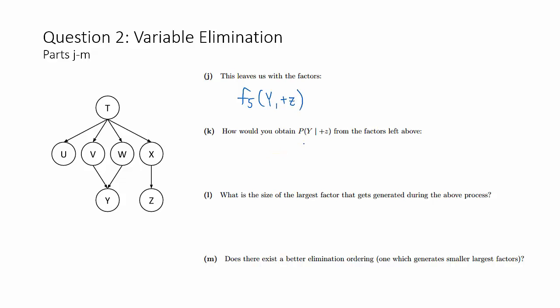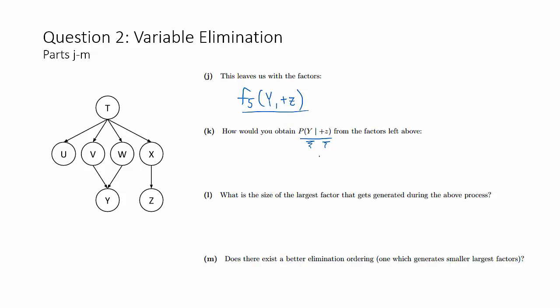For part K, we're asked how we can determine the table p of y given plus z. After eliminating all of our hidden variables, our factor list should only contain factors with variables that are either our query variables or our evidence variables. As the final steps of variable elimination, if there's more than one factor left, we join on the remaining factors and then normalize. But since we only have one factor left in our list, we can just normalize this factor directly.